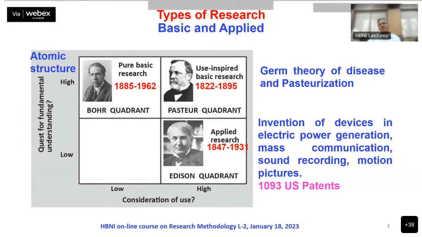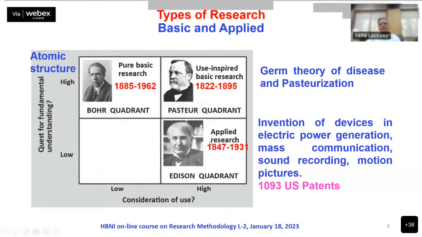It does not find any direct application in any area. This is what is called pure basic research. But it adds knowledge in understanding the structure of matter. So this is called the Bohr's quadrant, which involves pure basic research. Sometimes people also call it blue sky research. The investigation of atomic structure by Niels Bohr comes under pure basic research.